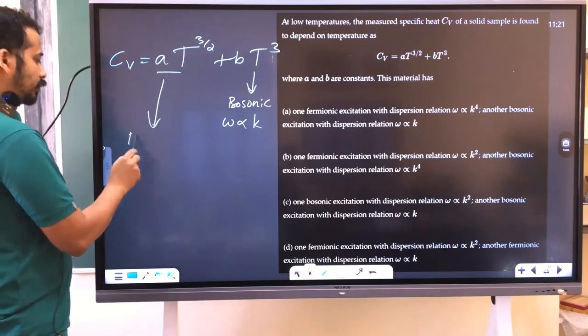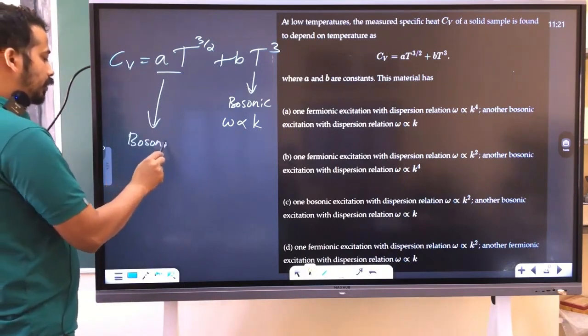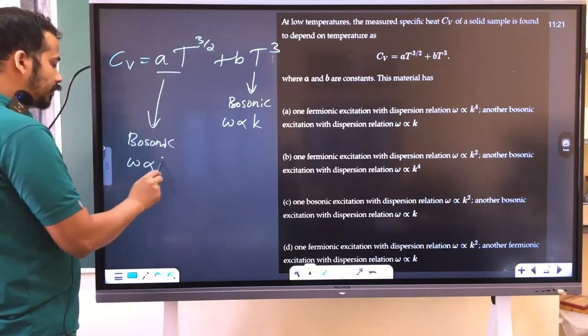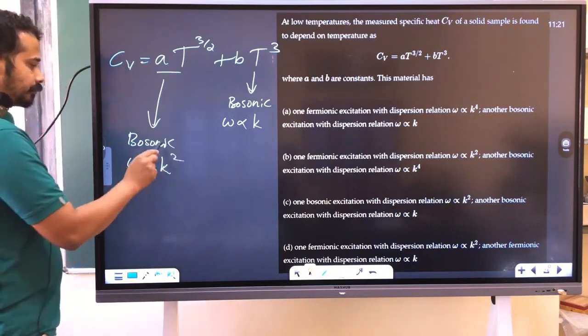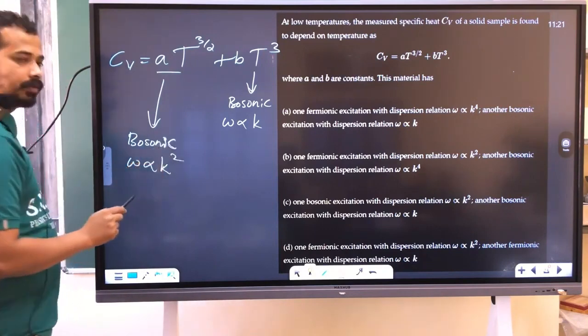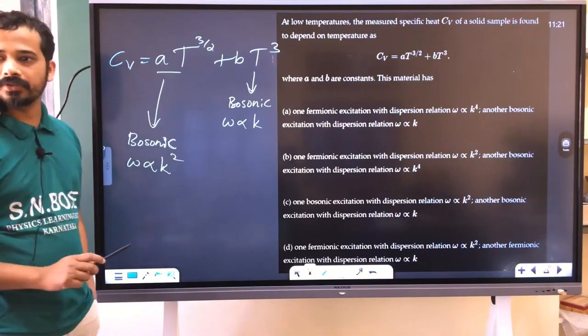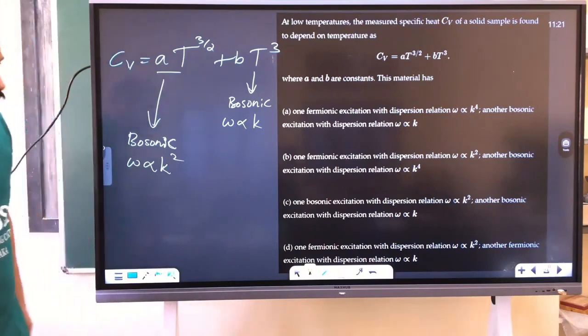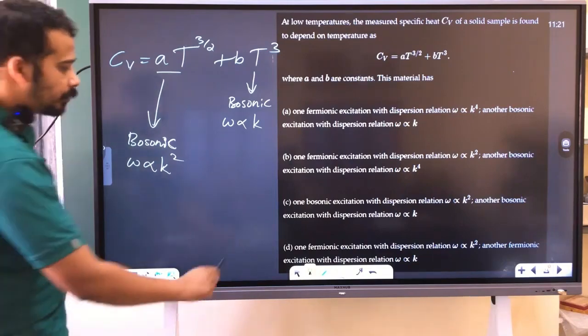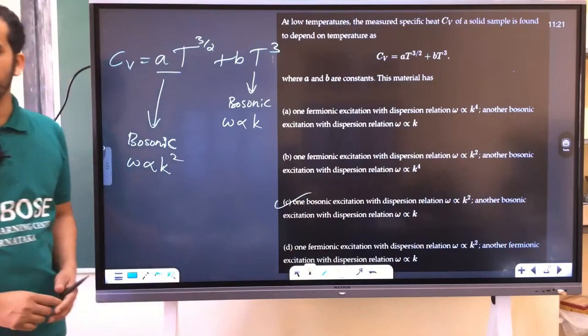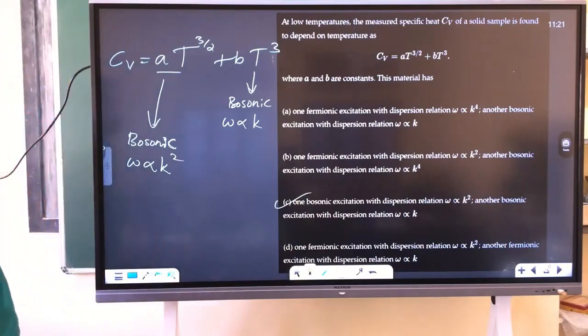So now this is also bosonic, but omega proportional to k square, or energy proportional to k square. Which option? One bosonic, omega proportional to k square, another bosonic, omega proportional to k square. Is that okay?